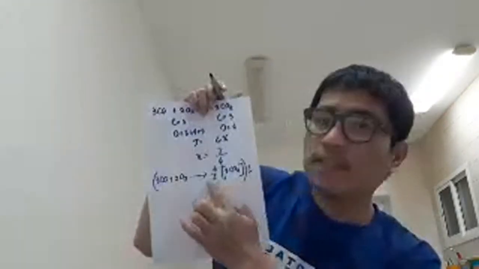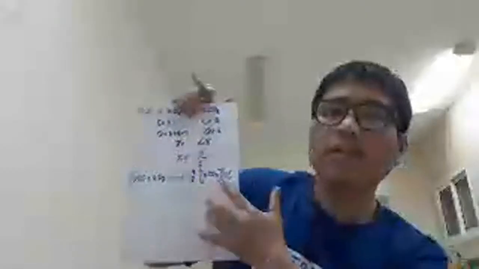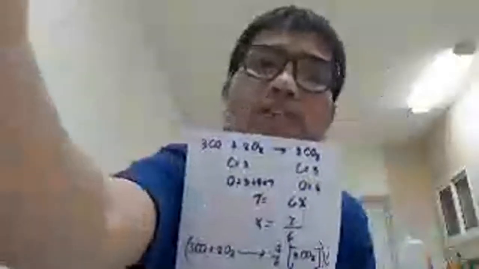Now, we need to cancel out the 6, so multiply by 6. We need to cancel the 7 over 6 here.